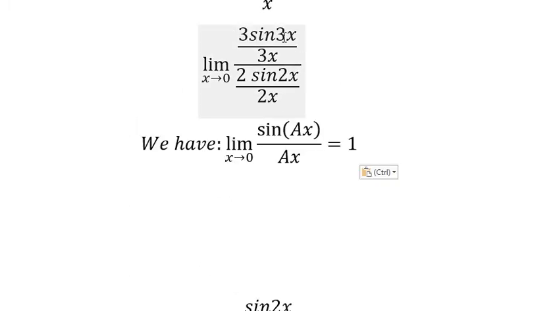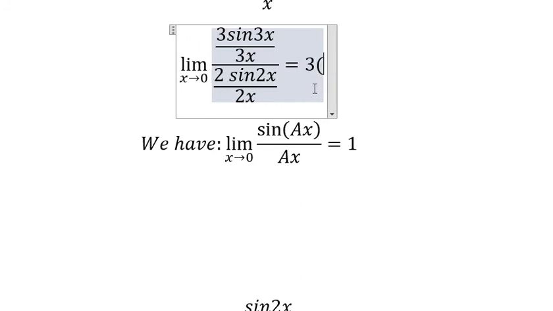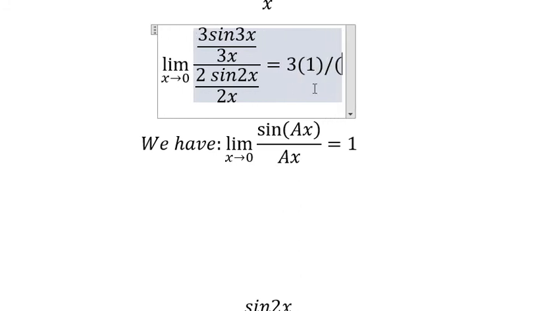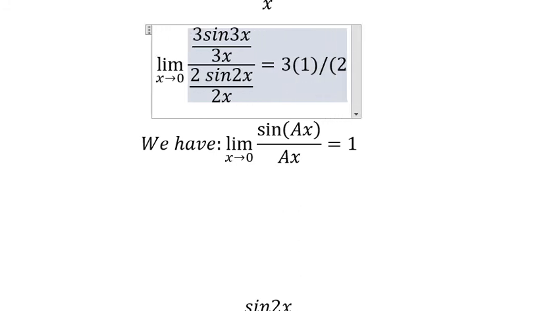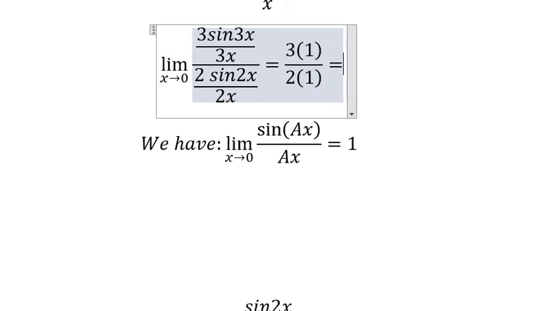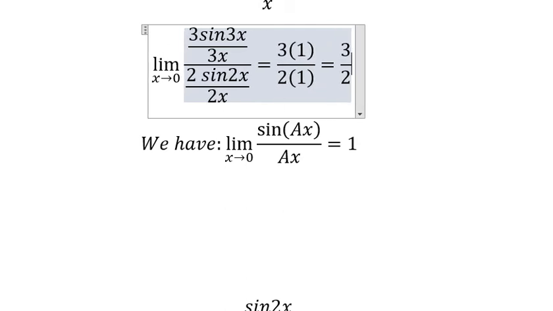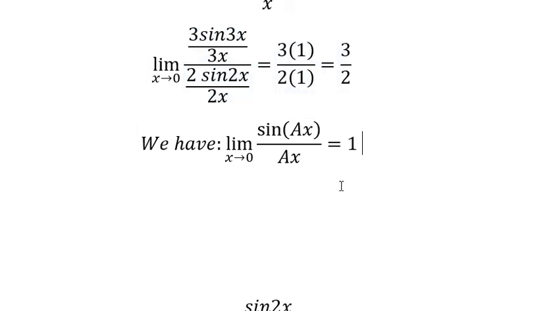That means sine 3x over 3x equals 1, similar for this one. And you get 3 multiplied by 1 over 2 multiplied by 1, and you get 3 over 2. And this is the final answer.